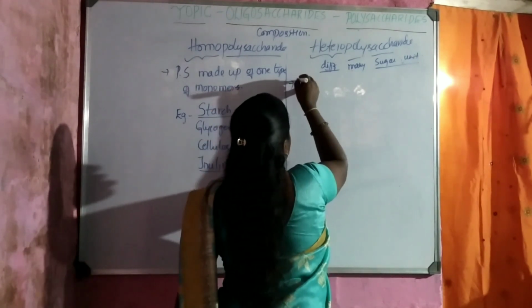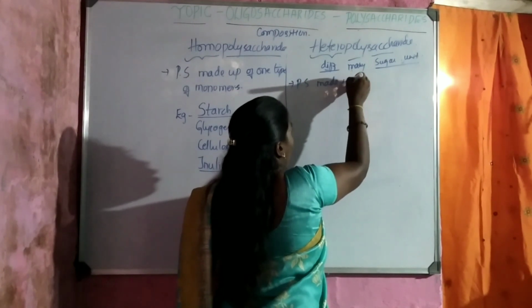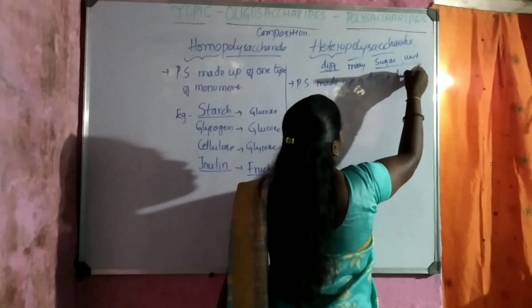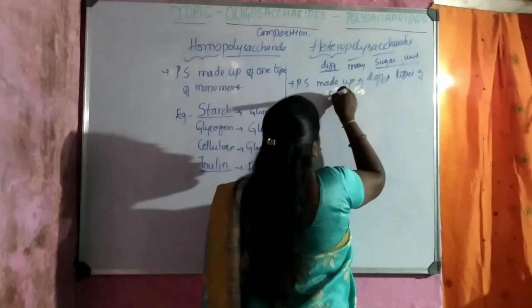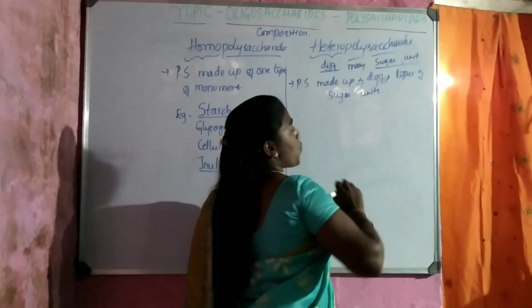That is the definition. It is the polysaccharide made up of different types of sugar units. Different types of sugar units, we will call it heteropolysaccharide.